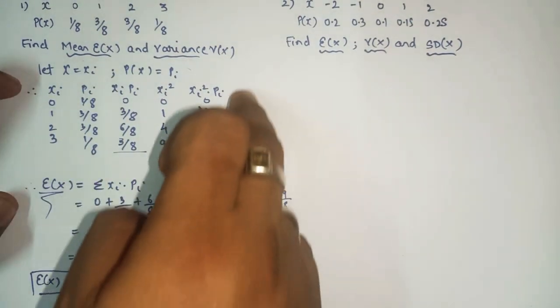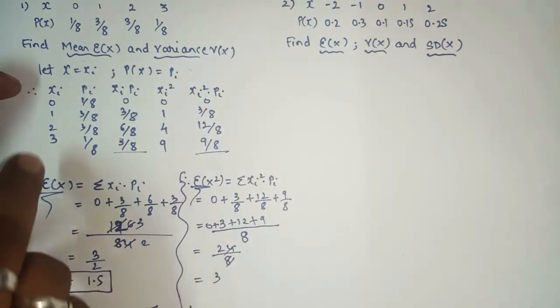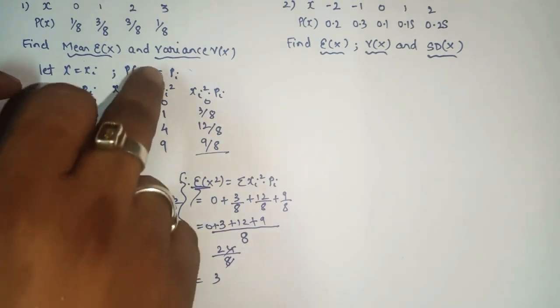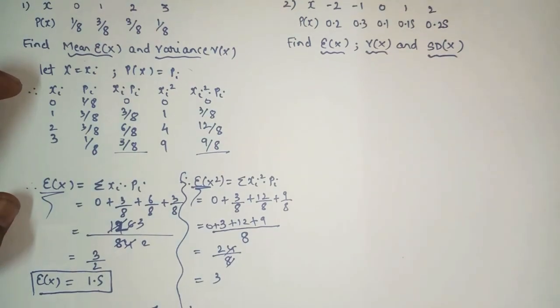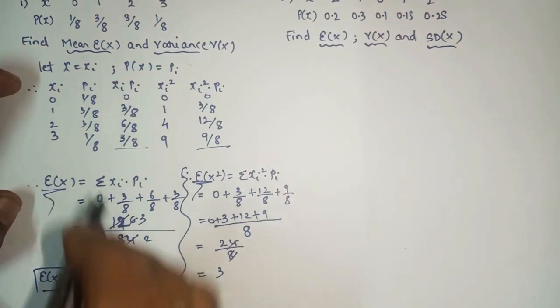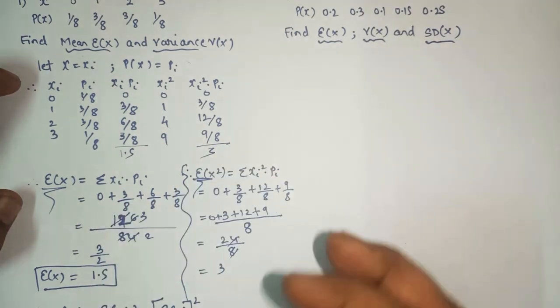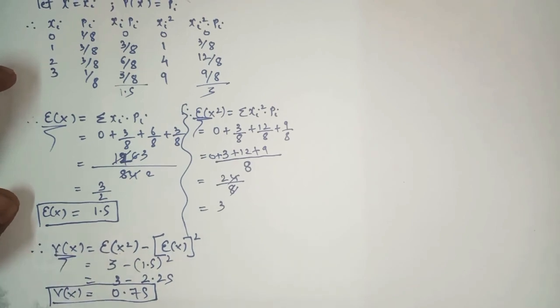First you will construct the table as I explained. First will be xi, then pi, xi pi, xi square, and in the last column it will be xi square into pi. First you will find E of x, second you will find E of x square, then at the end you will find V of x.